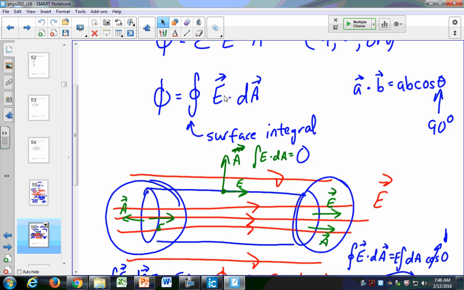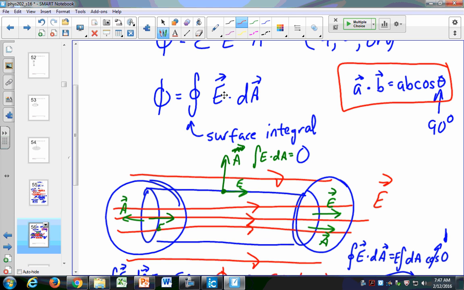So we took the dot product of E dot dA for each of these surfaces: the curved surface and then the two end surfaces. Now remember, the dot product, E dot dA, we had this last semester. The dot product of two vectors is a scalar product, meaning the result is a scalar quantity, and it's equal to the magnitude of the first vector times the magnitude of the second vector times cosine theta.